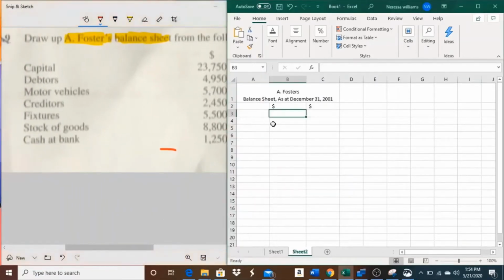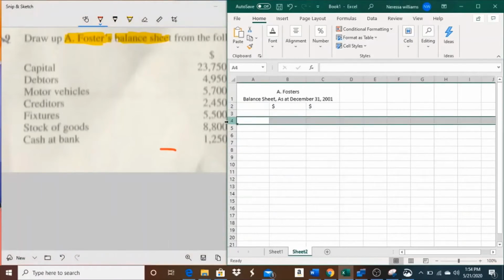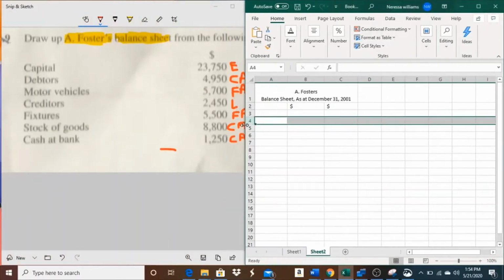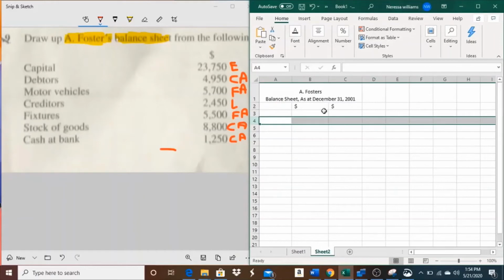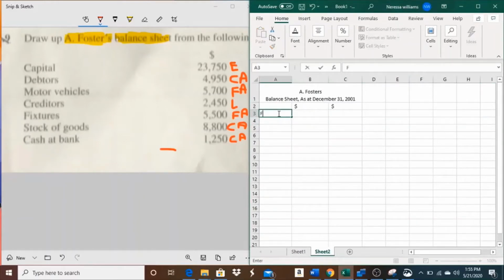So now that we can see full screen, let me bring this over just a bit so you don't feel lost. We start our balance sheet with the fixed asset items. The two fixed asset items that we'll be putting in are motor vehicles and fixtures.